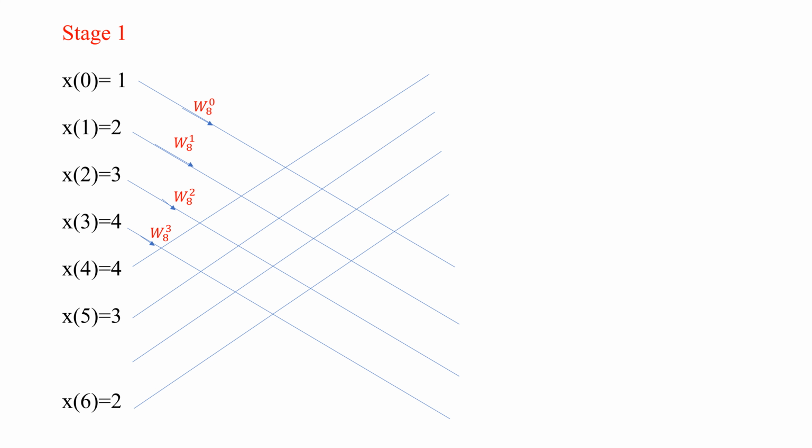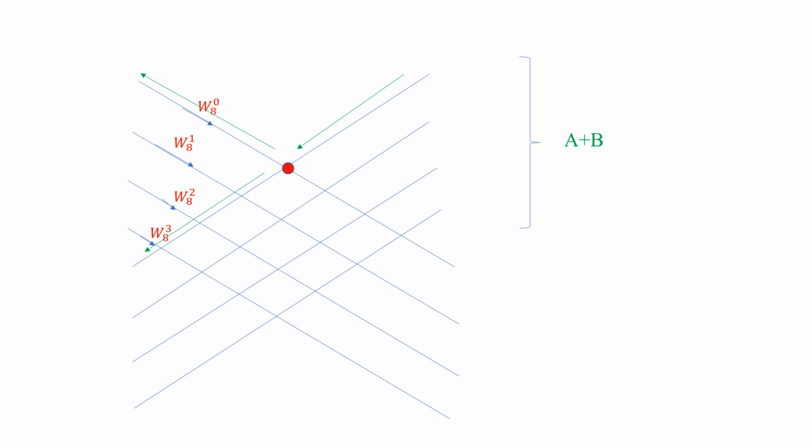Now, first stage. In the first stage, one 8-point butterfly is used for DIF. First, we are writing the inputs x of 0 to x of 7. Now we are going to find the outputs for the first stage.